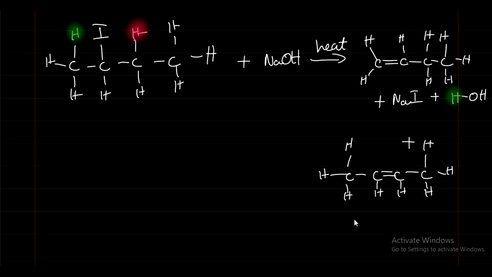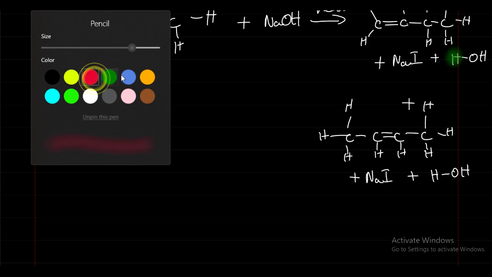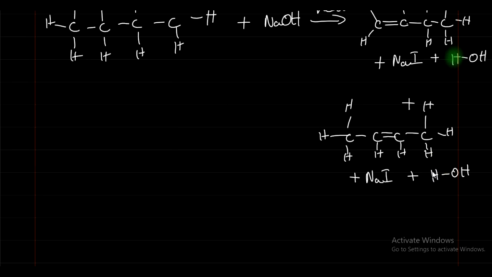Plus sodium iodide plus water. Now this is our red hydrogen. This is another type of product.